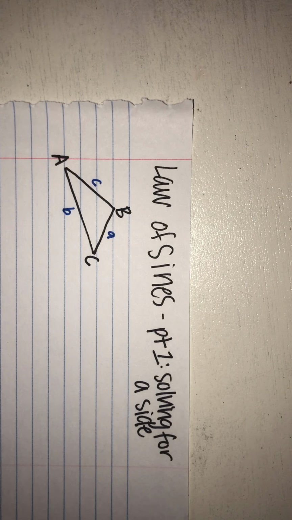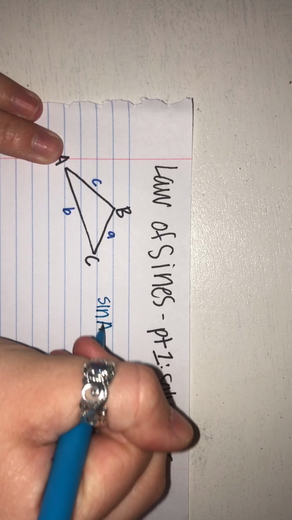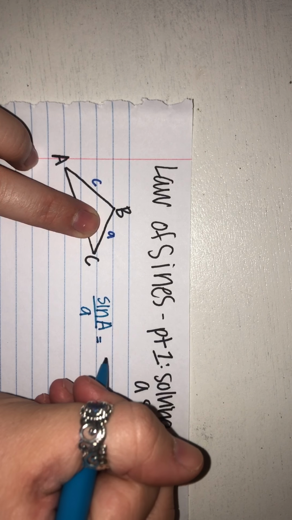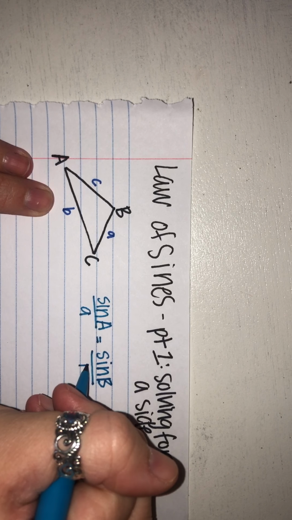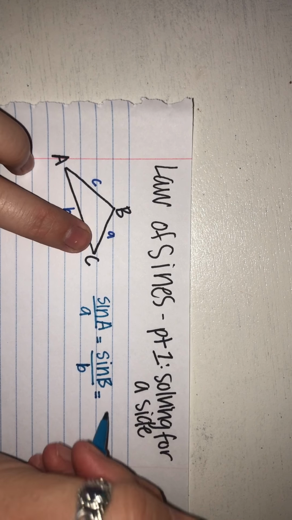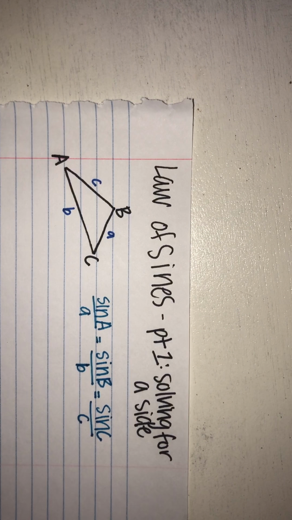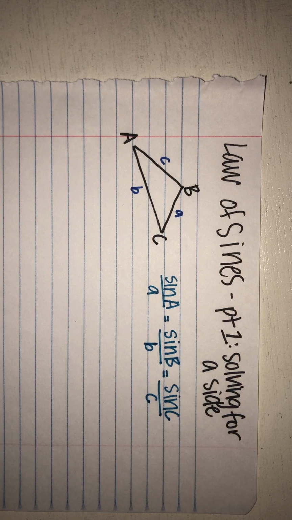So here's the law of sines. Sine of angle A over the side opposite is equal to sine of angle B over the side opposite is equal to sine of angle C over the side opposite. So we have three ratios here that we're going to use to set up proportions and solve for unknown variables.